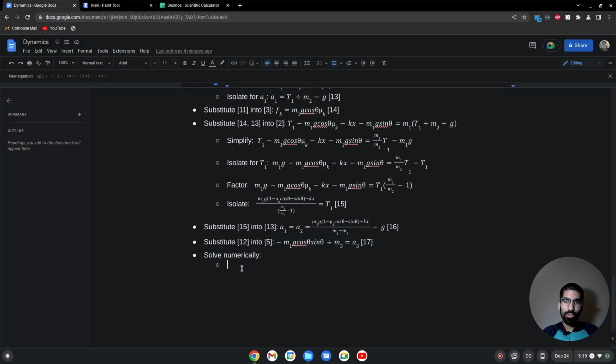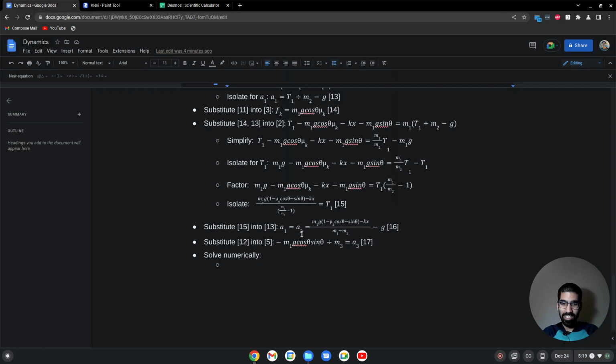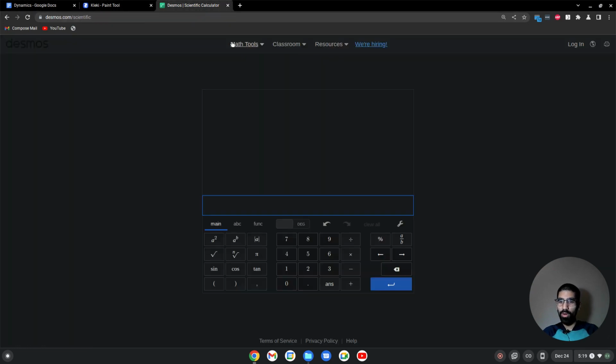When we're solving numerically, we'll do one last check, which is to check the sign of the equations. Okay, A1 is equal to A2.